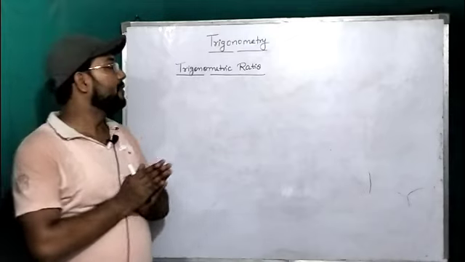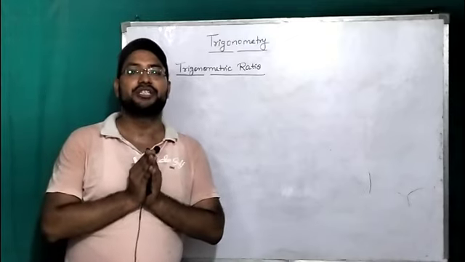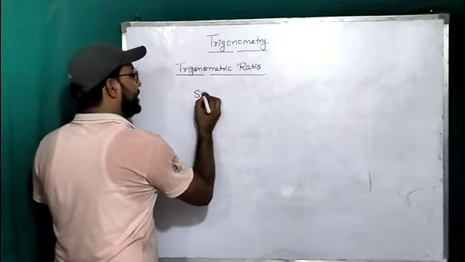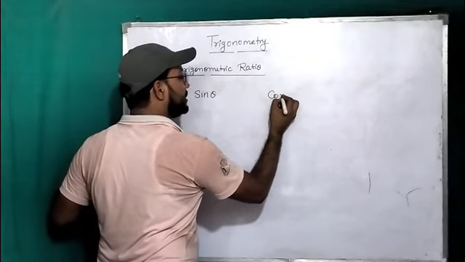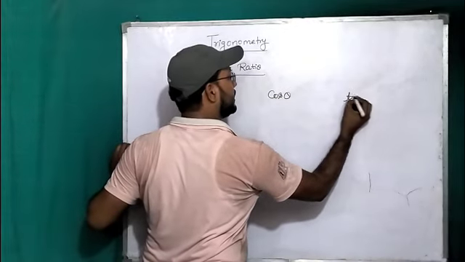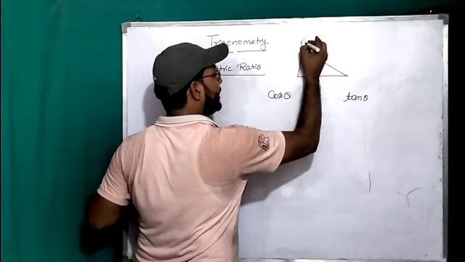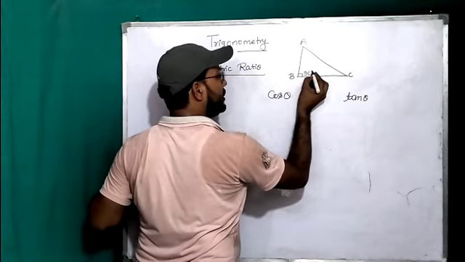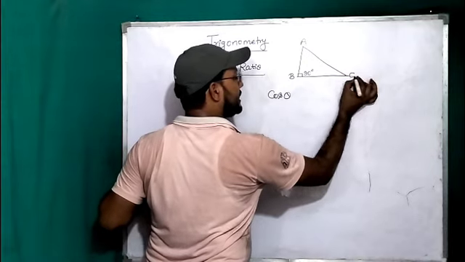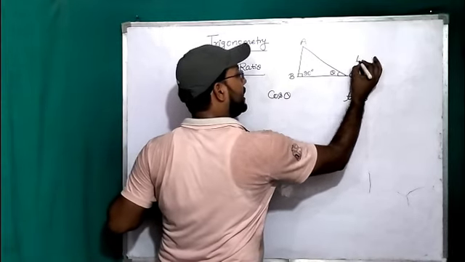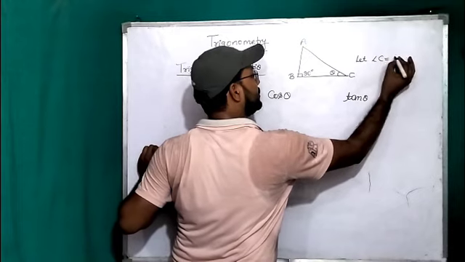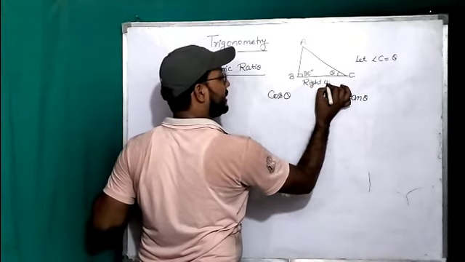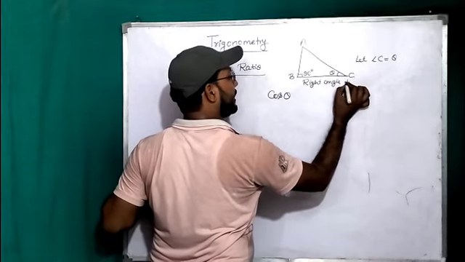Now we have to study trigonometry ratios. There are 6 trigonometry ratios we have to study here, and they are sin theta, cos theta and tan theta, and so on. I'm going to draw a right angle triangle ABC, where angle B is equal to 90 degrees, and let angle C be equal to theta.